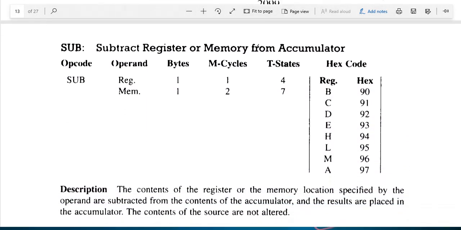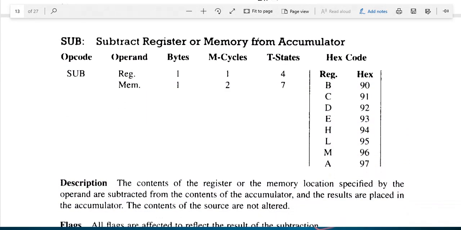Now we will see the subtraction instruction. In the subtraction instruction, we subtract the source from the destination. The source can be a register, memory, or immediate data.